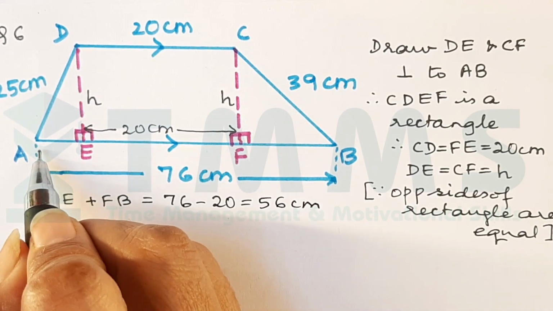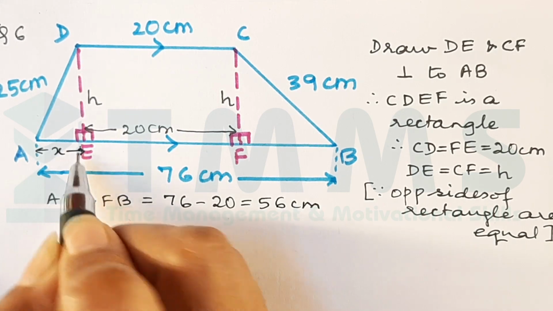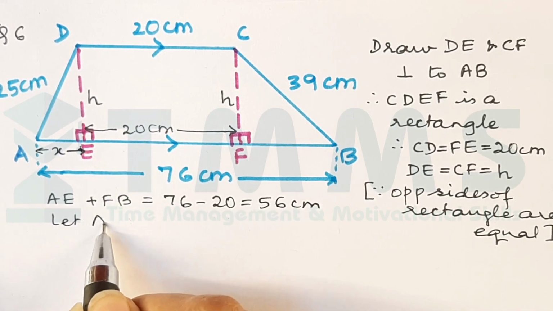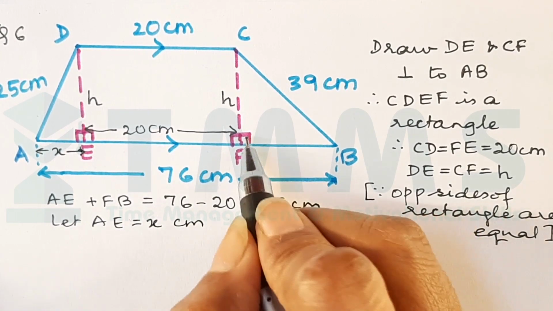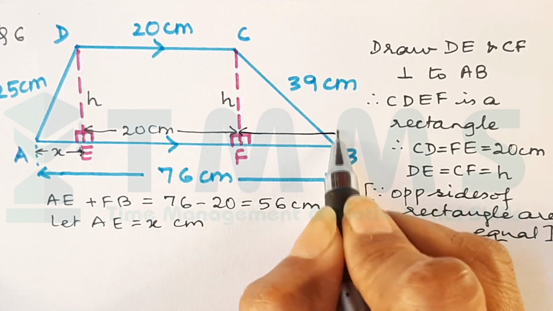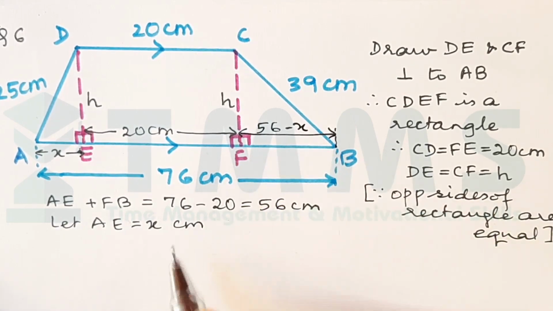And so we will call from here to here as X. So we'll say let AE become X centimeter. And so from here to here, this becomes 56 minus X.